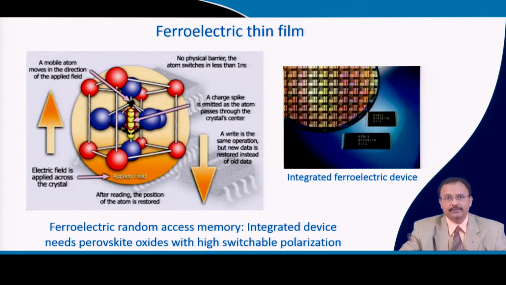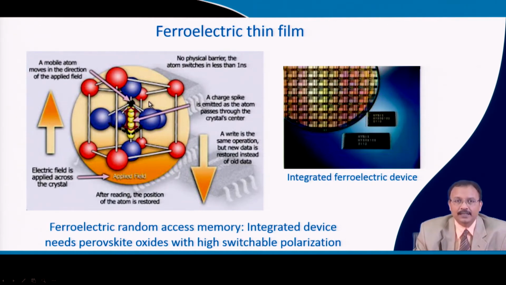Particularly, when this memory switches from one polarization state to another, there are associated defects in the memory cell. We will be talking about it. Due to this fact it is a bit retarded, but otherwise this technology is very lucrative, and we call it a non-volatile random access memory, which will eventually replace all existing conventional memories.